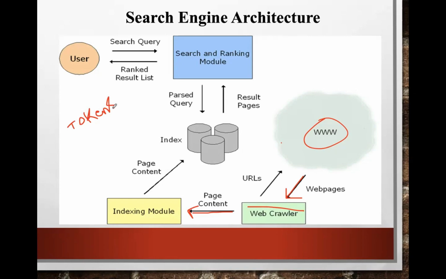These keywords are used by the search engine in creating the indexes. Why do we need to break the given text into tokens? Because using these tokens, the search engine will create indexes.